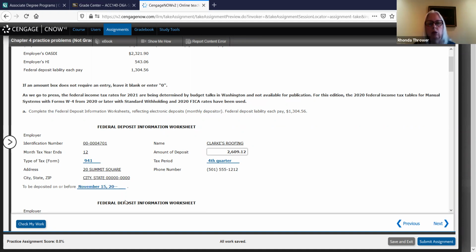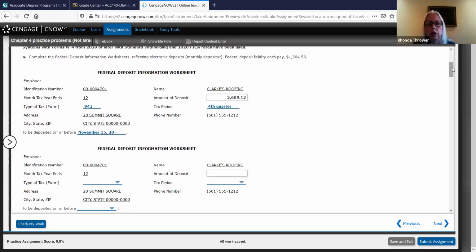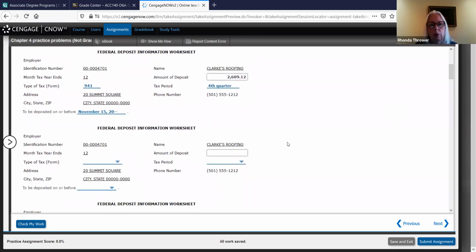That would be the due date, because they were a monthly depositor. You learned this in the last chapter, so this is really a review for you in this particular problem. But it does go along with this chapter because it does have some federal income taxes that become a part of the reporting process in the 941 form.